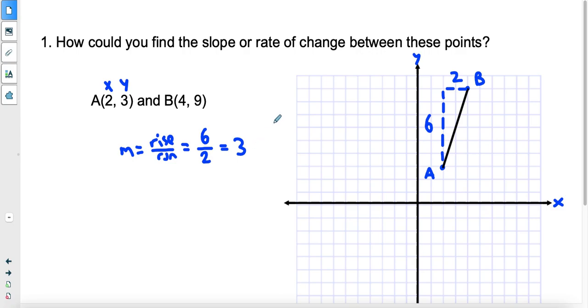So we saw how we could find the rate of change, the slope between 2 points, by graphing it. Another way we could find the slope between these 2 points is by using a table of values. So let's take a look at how we can do that.